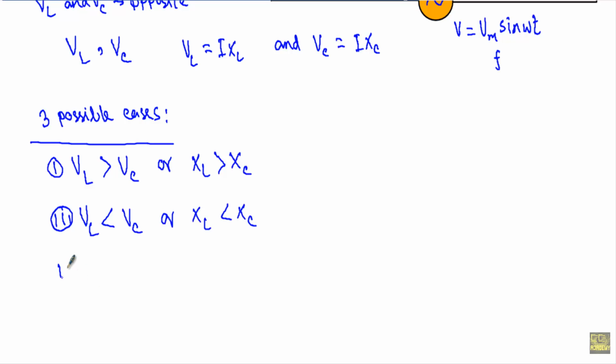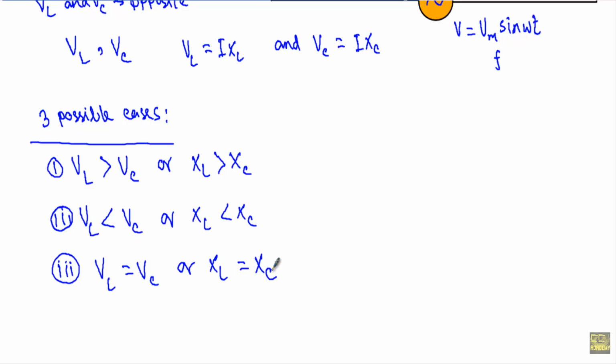And the third condition is that VL is equal to VC, capacitor voltage drop is equal to inductor voltage drop, or inductive reactance is equal to capacitive reactance. I will discuss all these three conditions in this video.